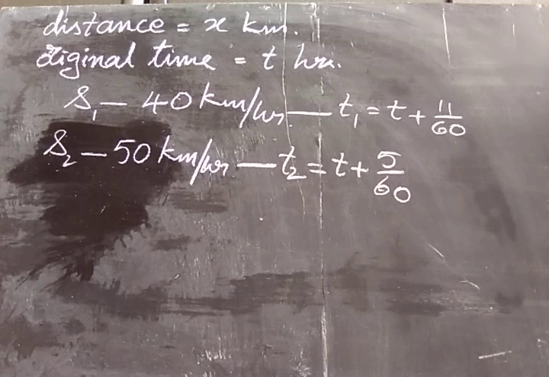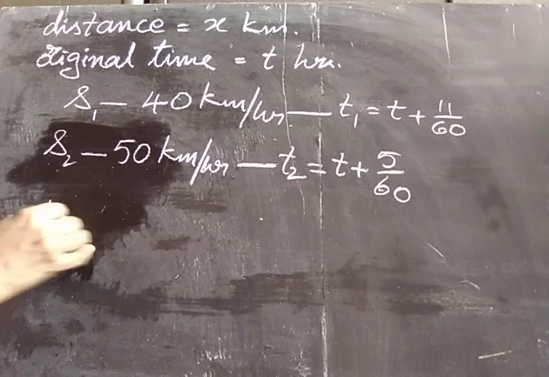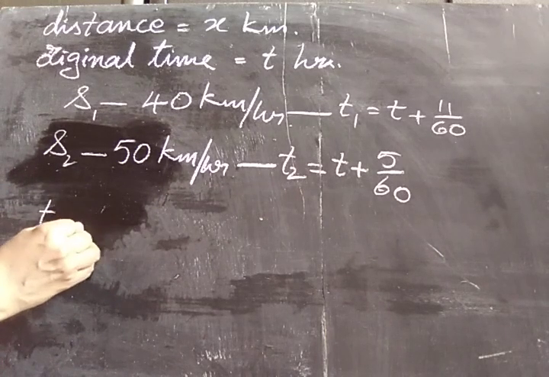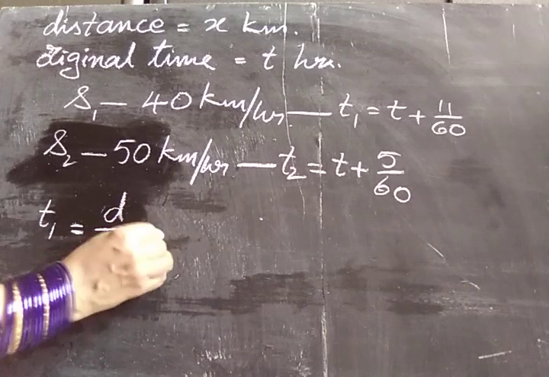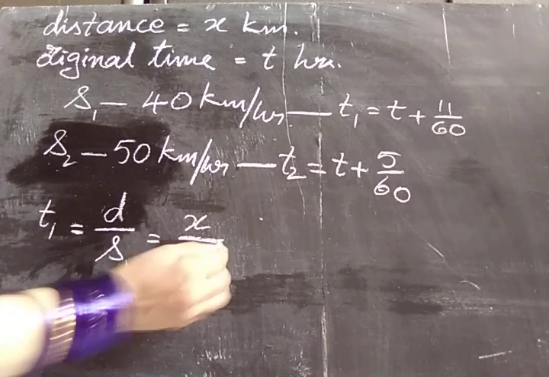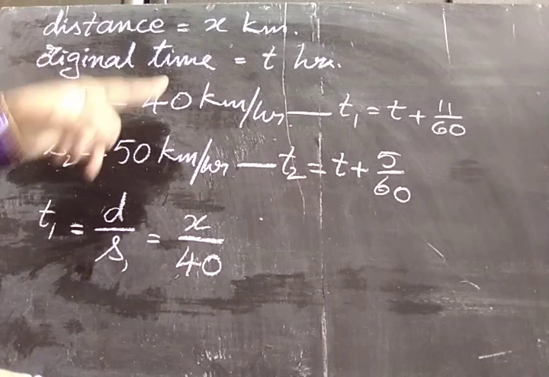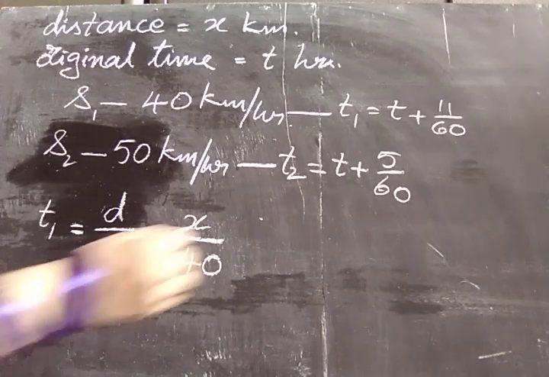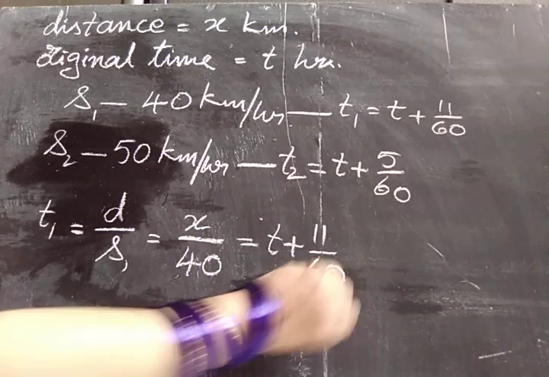Now, time is equal to distance by speed only, na? So, T1 is equal to D by S1. D is X. X by S1 means X by 40. So, T1 is equal to T plus 11 by 60.